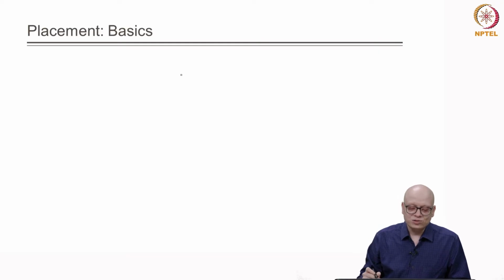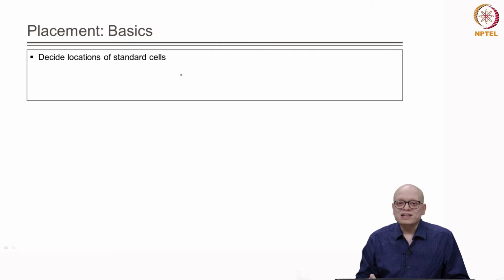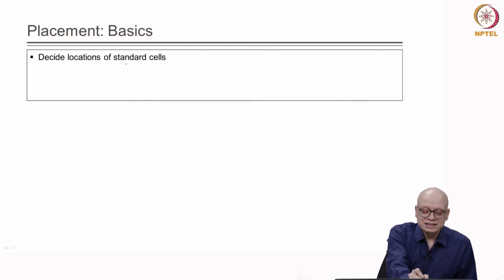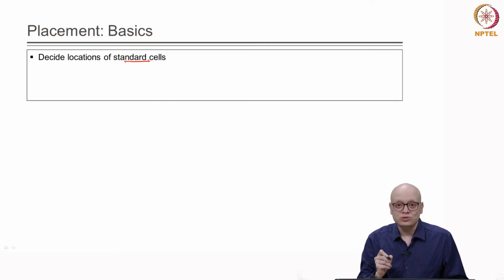So, let us first look into what a placement does. The placement basically decides the location of standard cells. In the last lecture, we had looked into chip planning, and there also we had looked into the placement of larger entities. So, it is important to distinguish what the placement does.